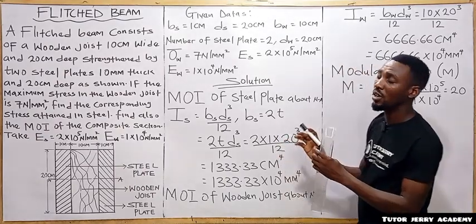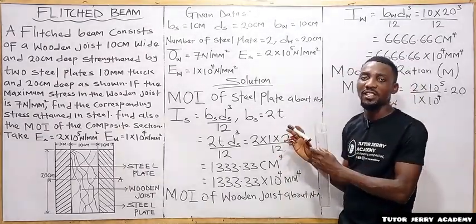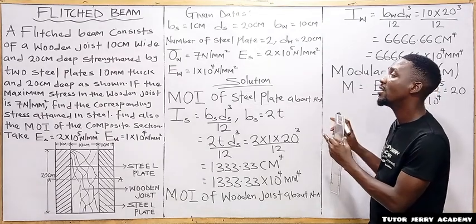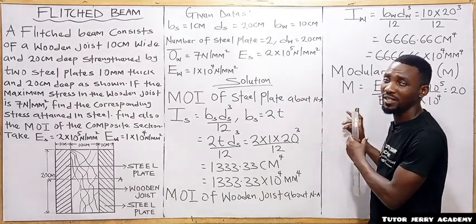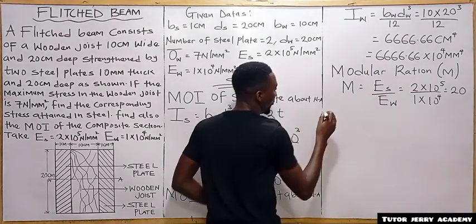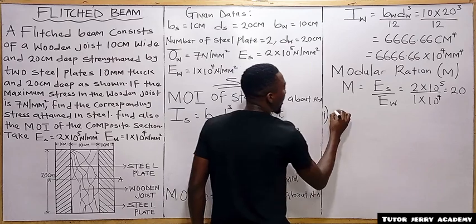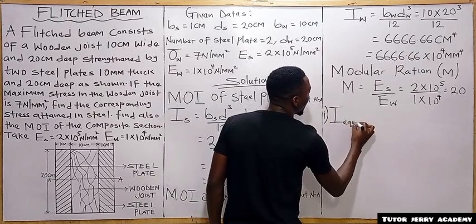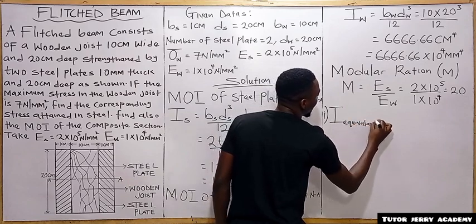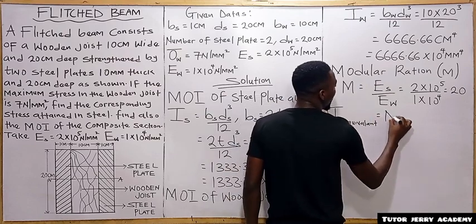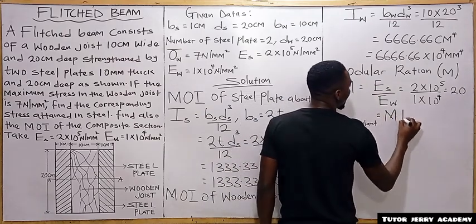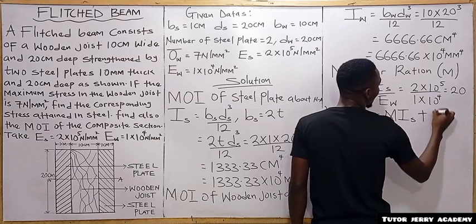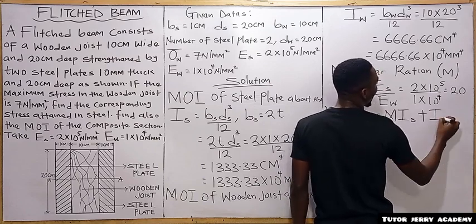All right. So for us to calculate the moment of inertia of the composite section, which is also the equivalent moment of inertia from our derivation, we derived that our equivalent moment of inertia is equal to the modular ratio multiplied by the moment of inertia of steel plus the moment of inertia of wood.